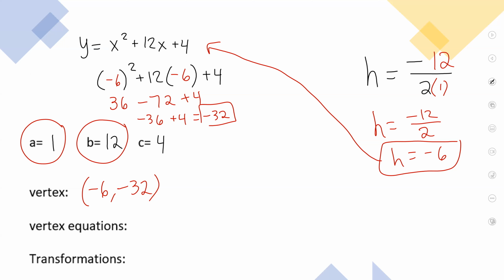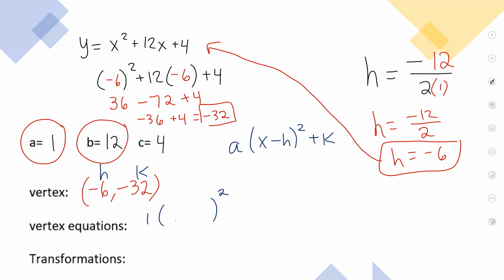I'm going to remind you of the formula. It's going to be A, x minus h squared plus k. This is the format. What was my A value in the beginning? 1. Okay, you don't really have to write a 1. I'll just put it there. And then remember, this is h and this is k.